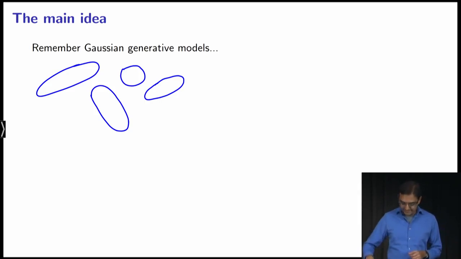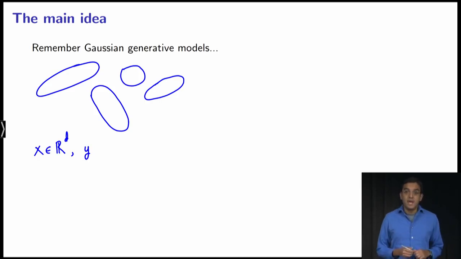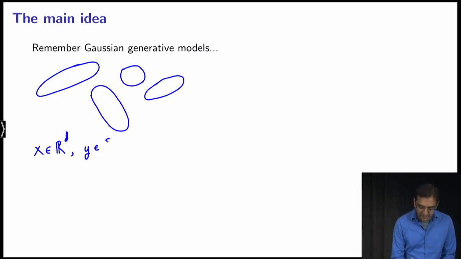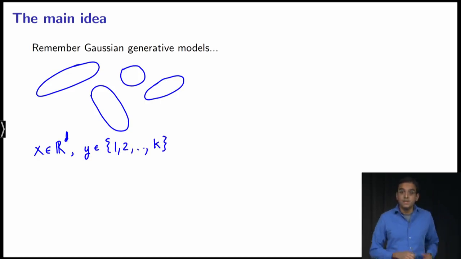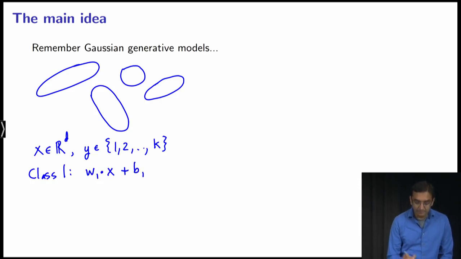Let's see what that means. Say we have data in d-dimensional space, so our data points x are in R^d. And let's say that the labels now have k possible values: 1, 2, all the way to class number k. We will let each class have its own linear function. Class 1 has some linear function, let's call it w1 dot x plus b1, where w1 is a vector in d-dimensional space and b1 is just an offset, just a number.